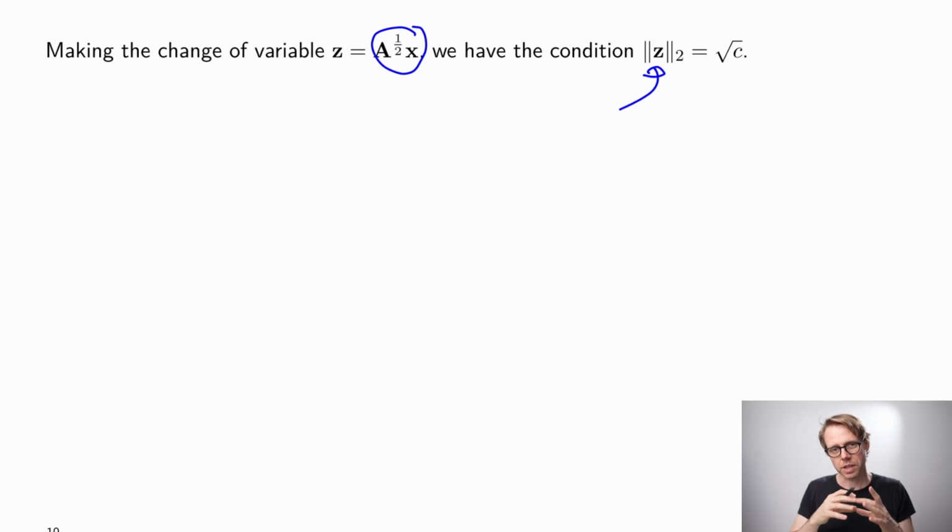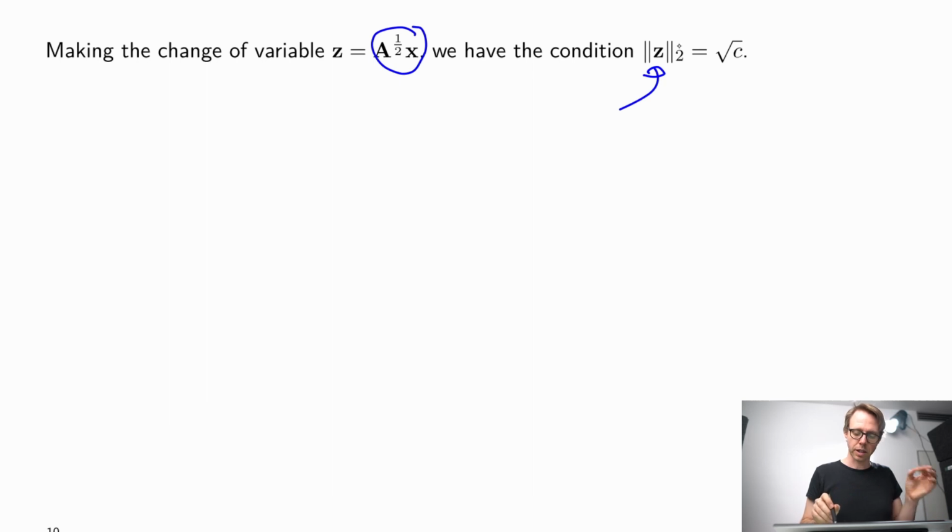That's what we're interested in, the set of x for which this quadratic form equals c. Thus, the square root of this needs to be the square root of c. And the L2 norm of z is the square root of our initial quadratic form.